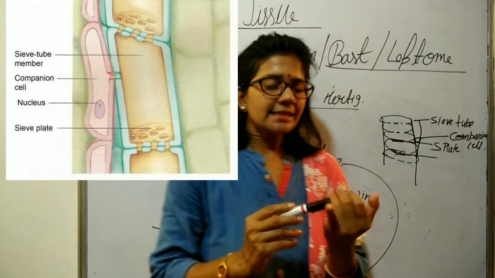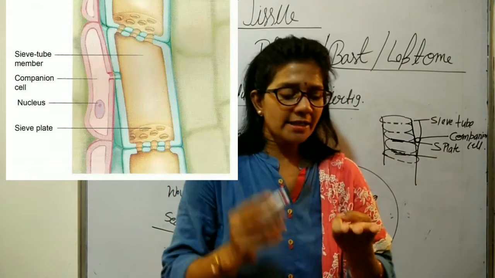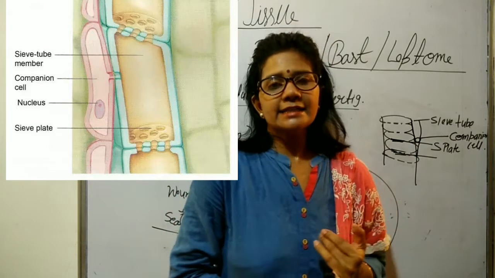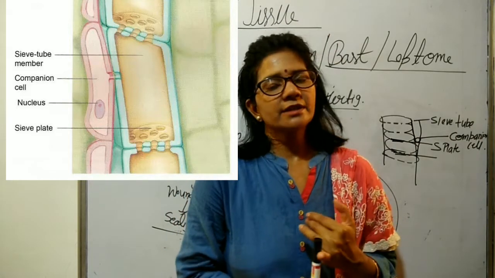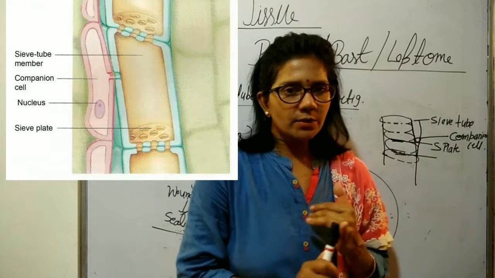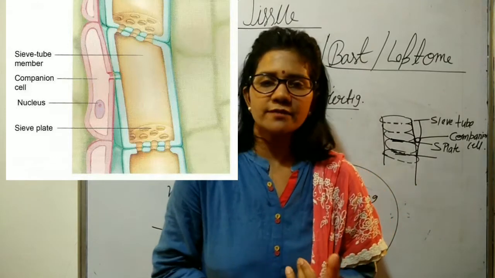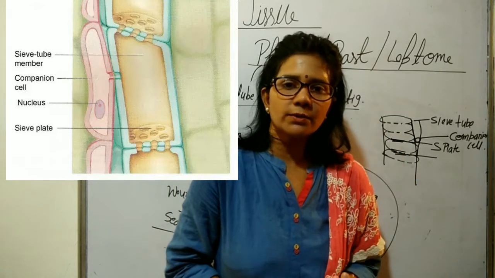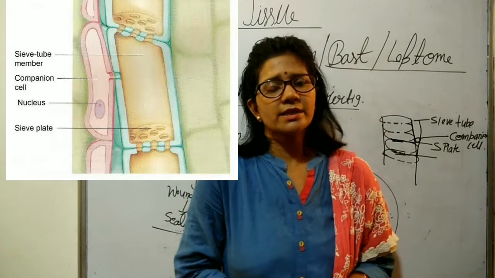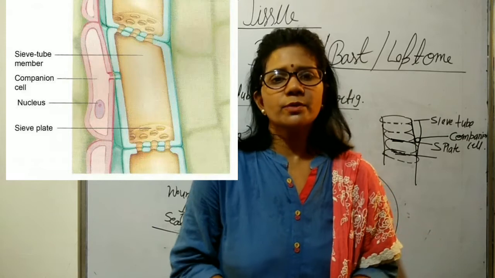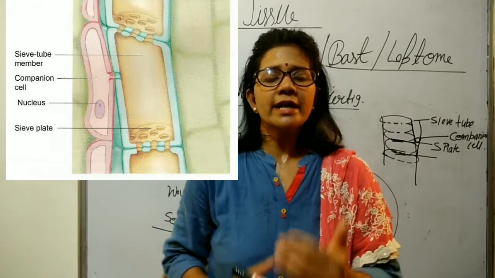So again, there are three main important points. First, the mature sieve tube has absence of nucleus. Then the sieve plate is present, and there is formation of callus at the end of the growing season. Then the P protein, known as phloem protein, helps in wound healing.